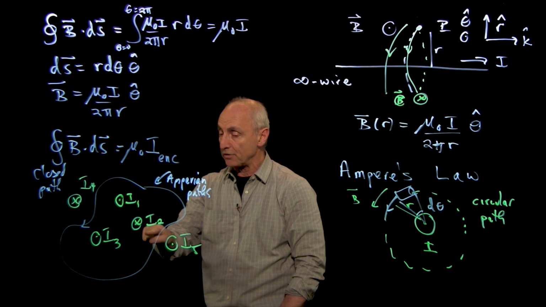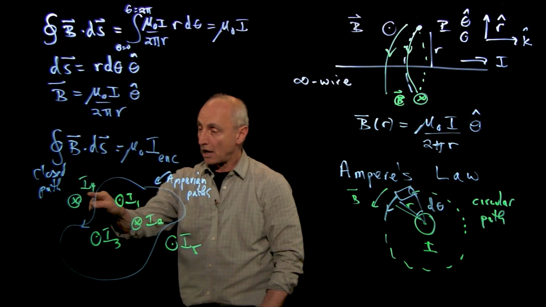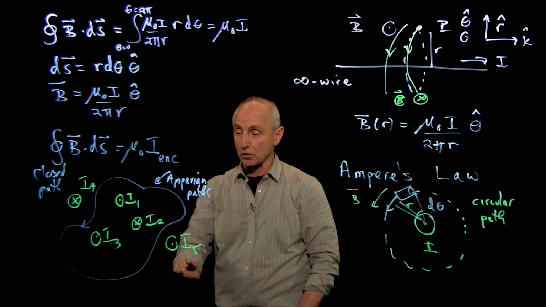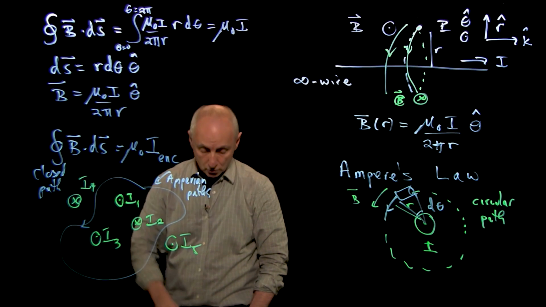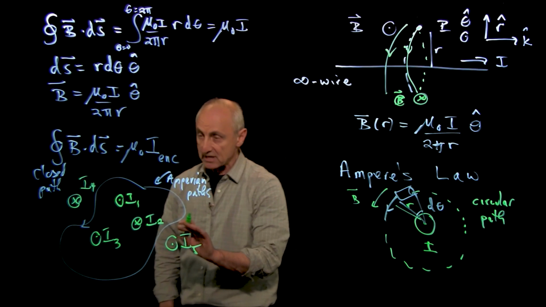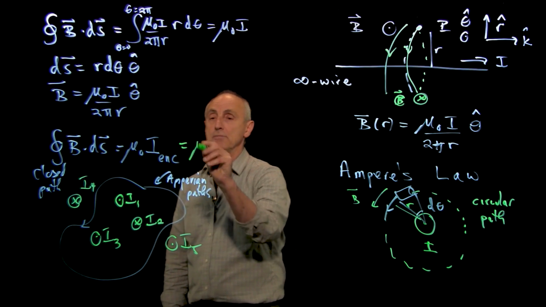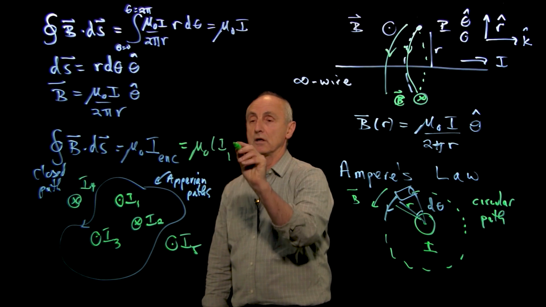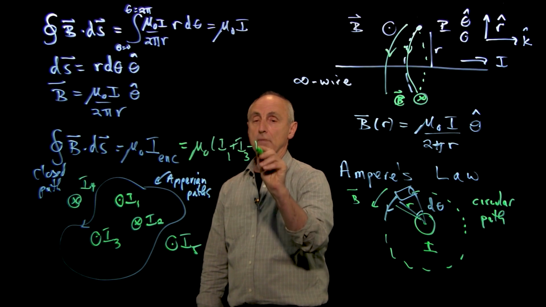I2, because it's going the other way, will have a negative sign. I4 and I5 are not enclosed. And what we want to show is that in this particular example, this integral will just be mu naught times I1 plus I3 minus I2.